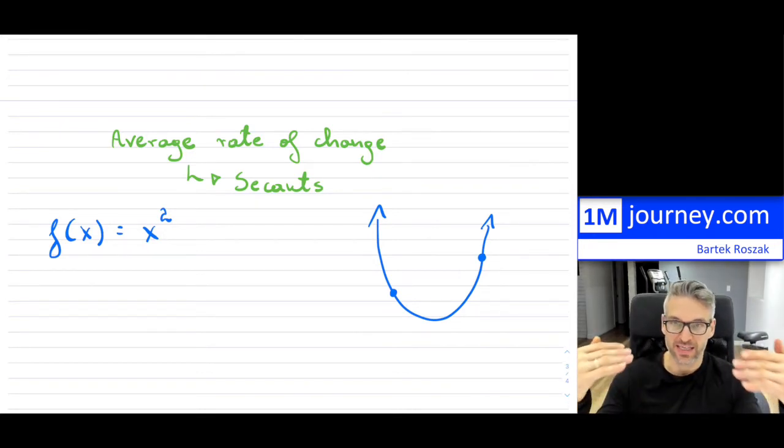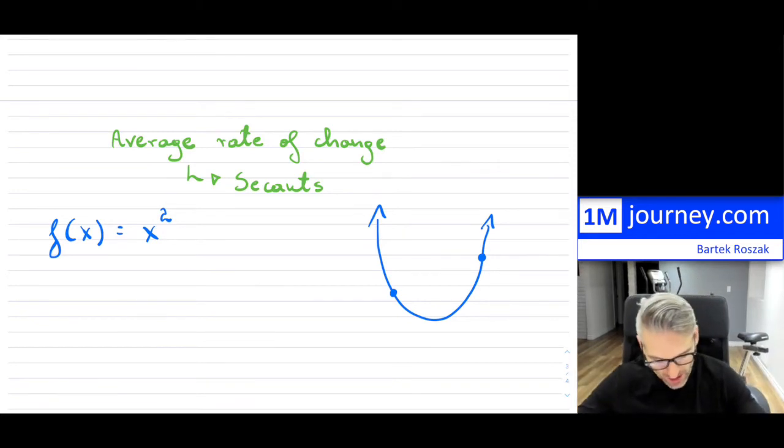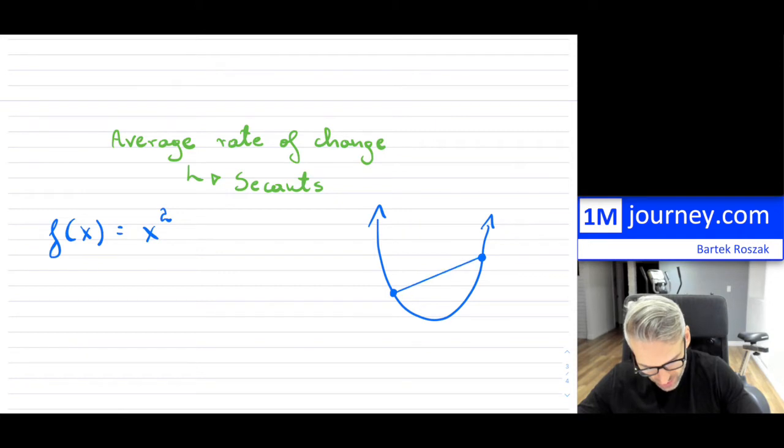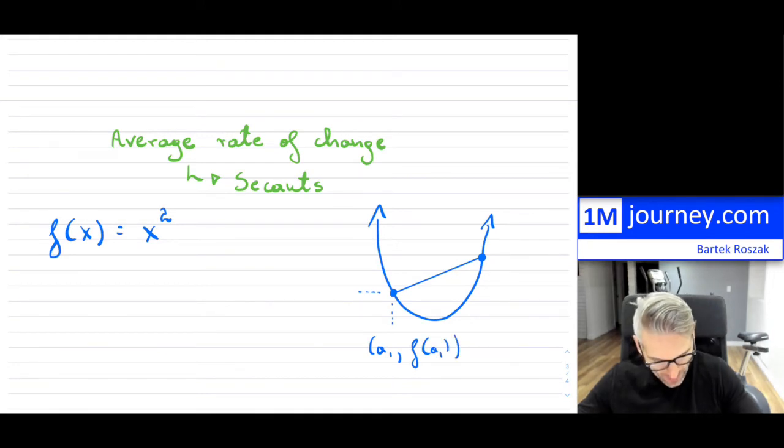So basically the average rate of change between these 2 points is nothing else but just the connection between them. And here is your point number 1. Let's imagine that this is A1, and so we can substitute it into our function. It's going to be f at A1. And then this would have been our point number 2.